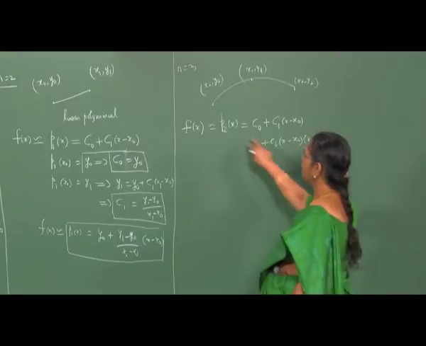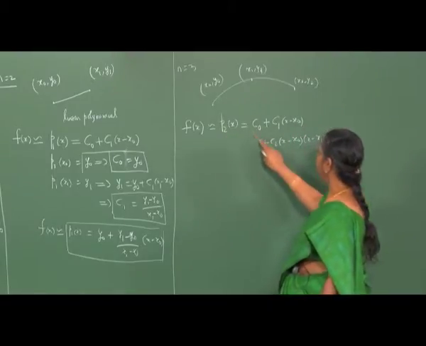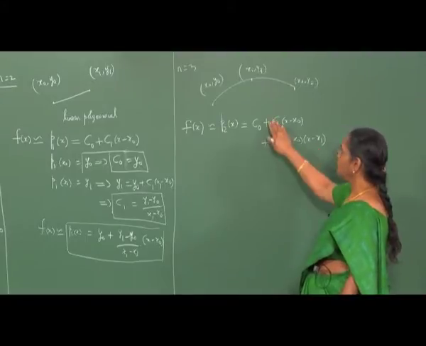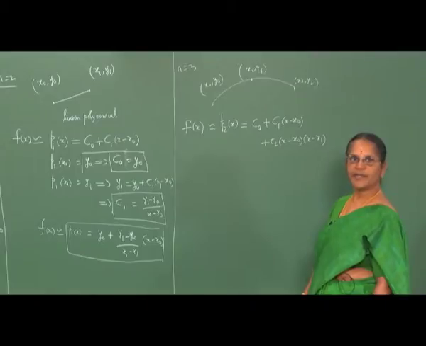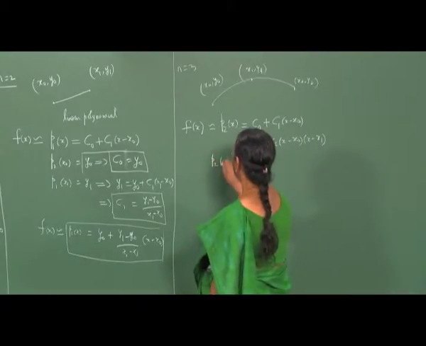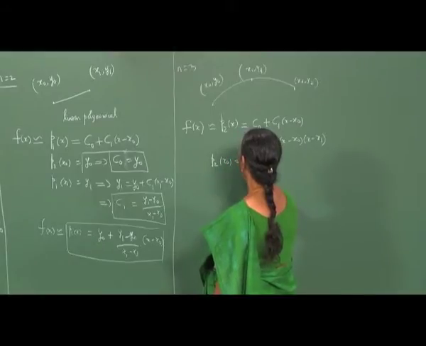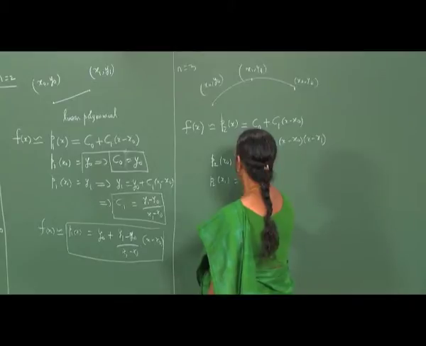Now, to get p2 of x, I add to p1 of x a term, so that I am going to show that p2 of x is going to satisfy the properties that we want. So, what do we want? We want p2 of x0 to be equal to y0, p2 of x1 should be y1 and p2 of x2 should be equal to y2.